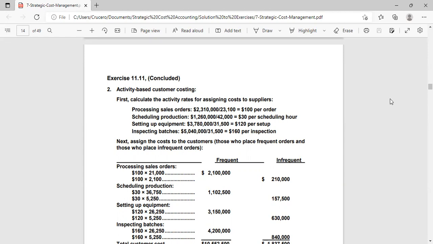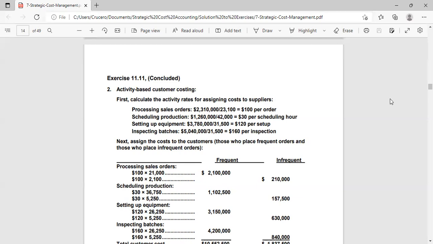So you get $120 per setup. And inspecting batches, inspection is a total of 26,250 and 5,250. So that's 31,500. That's $160 per inspection.